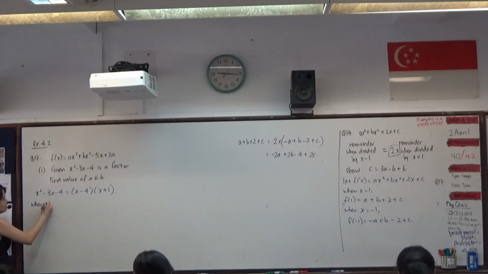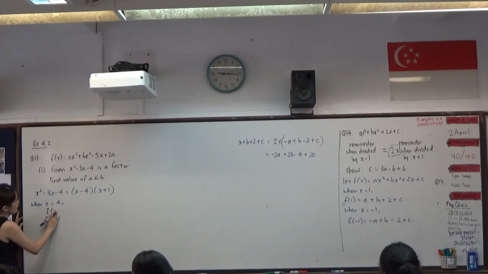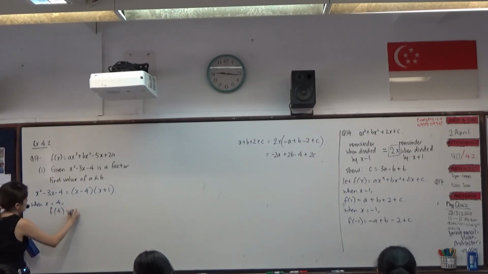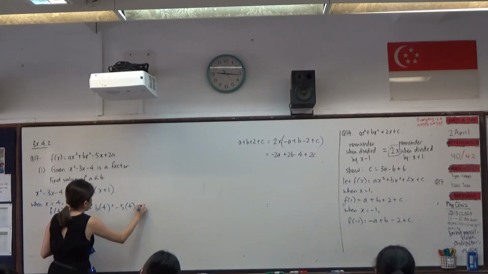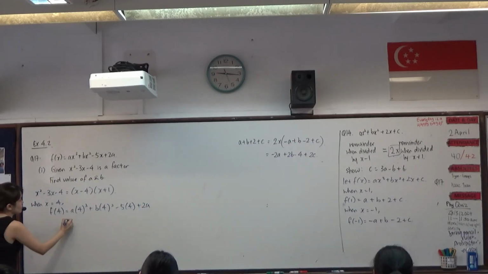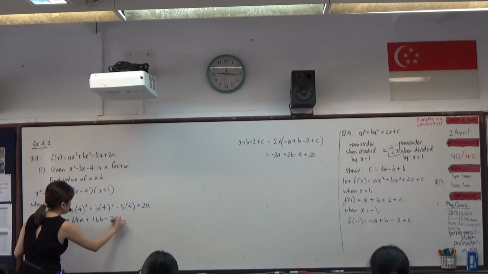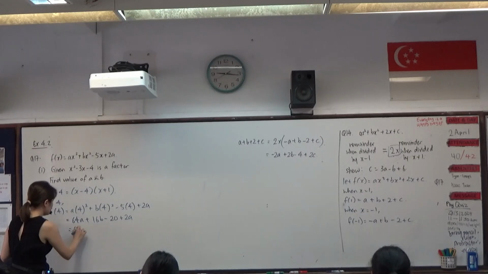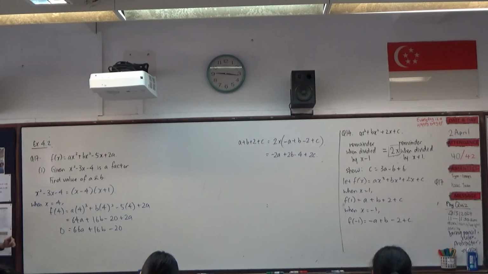So when x is equal to 4, due to your x minus 4 factor, our f(x), our remainder, will actually be 0. 4 to the power 3 is 64, right? So we will get 66a plus 16b minus 20, and this is equal to 0.